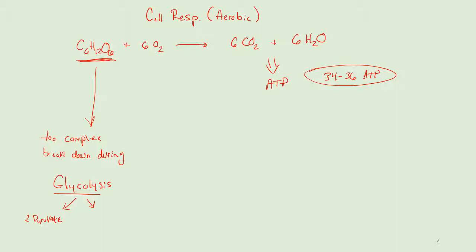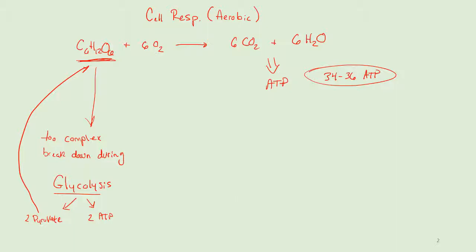And there's also a little bit of something else made. It's 2 ATP, as a matter of fact. So it makes just a touch of cellular energy. Those pyruvates are really the things that feed into this formula. But anyway, they get involved in the actual process of cell respiration later on.